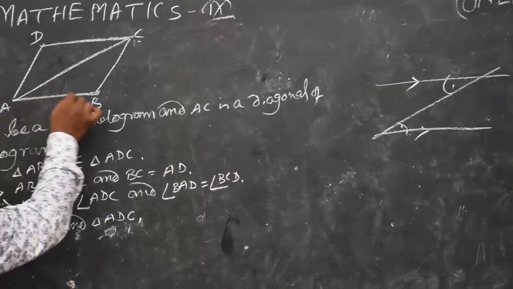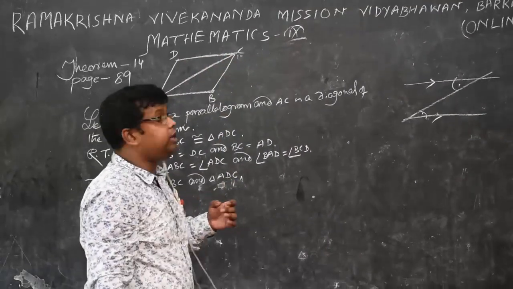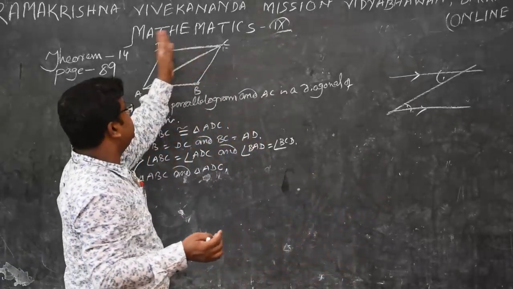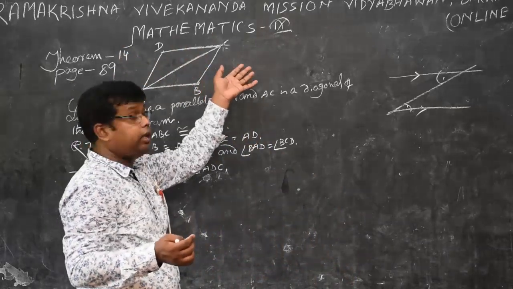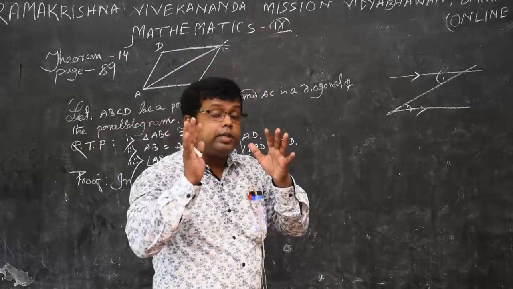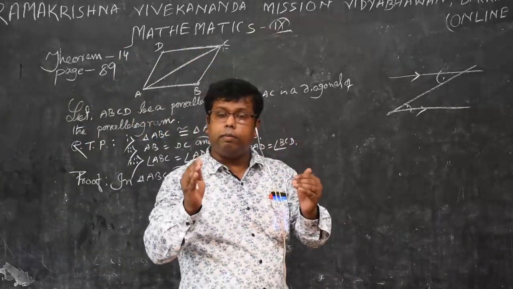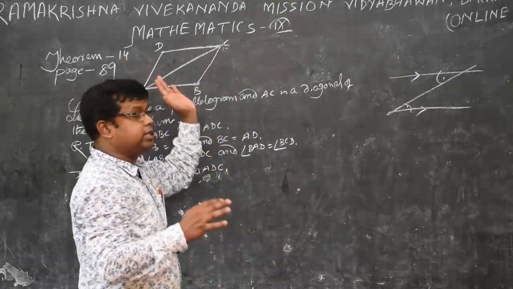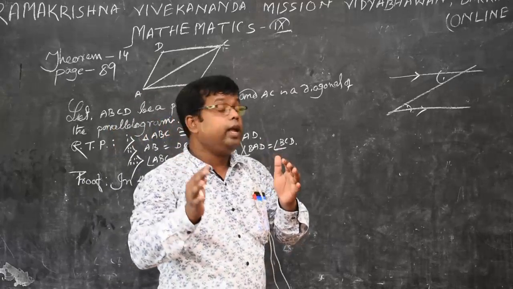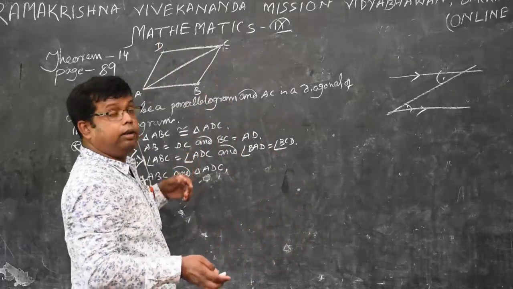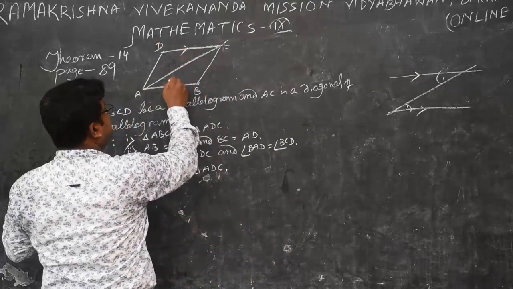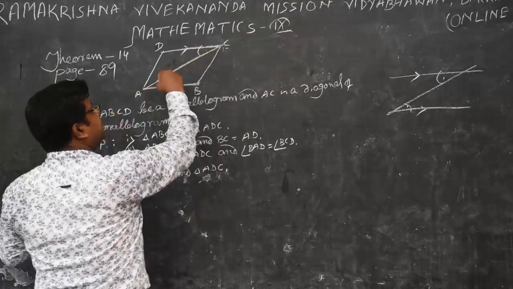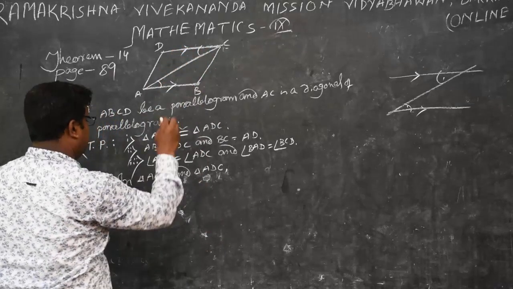So, AB parallel DC. How are we getting this information? From the definition. If ABCD is a parallelogram, then the opposite sides are parallel. Since ABCD is a parallelogram, it is given in the question, so we can say AB and DC are parallel, AC is the transversal, therefore these angles are alternate angles and they are equal because the lines are parallel.